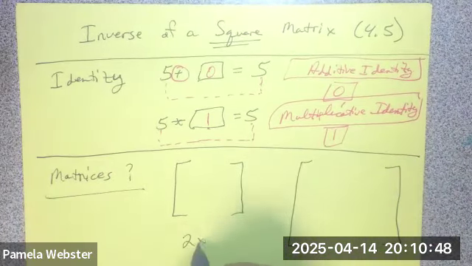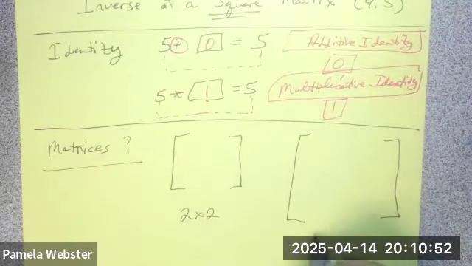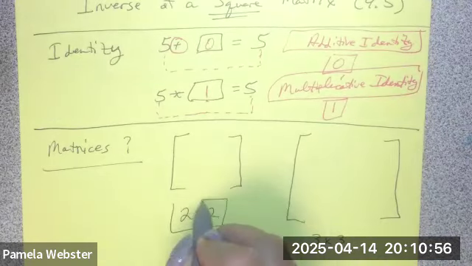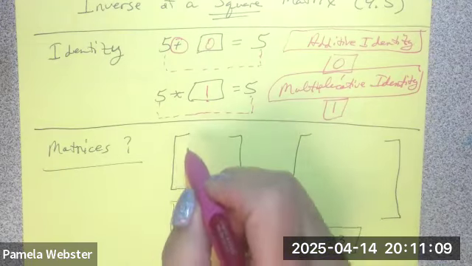And remember, 2 by 2 means 2 rows and 2 columns, and 3 by 3 means 3 rows and 3 columns, right? So we've got those dimensions that we can talk about. Okay. And actually, what you don't know is I've already secretly had you working with an identity. You just didn't know it. Okay. I snuck it in on you.